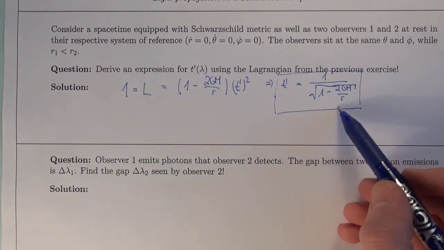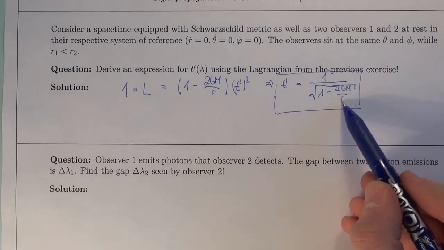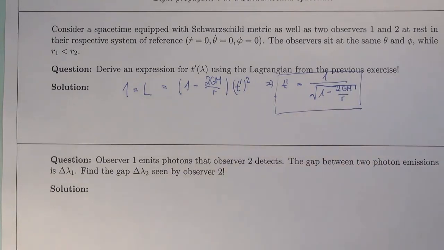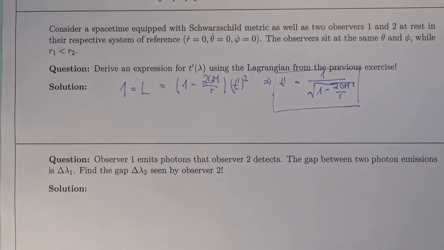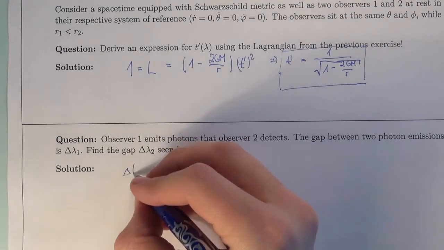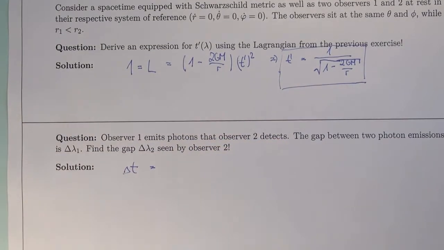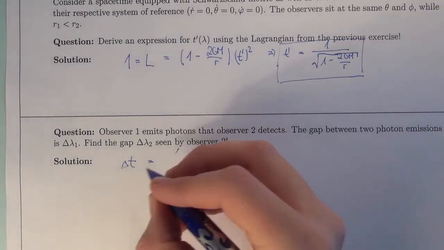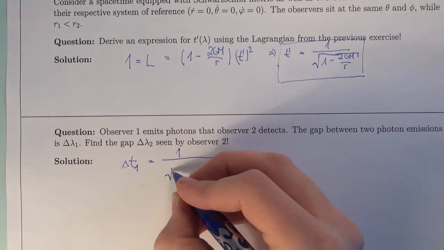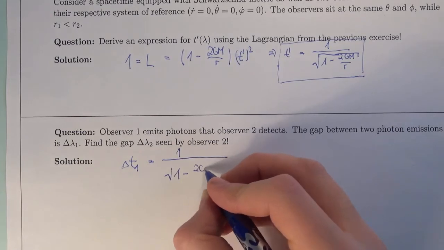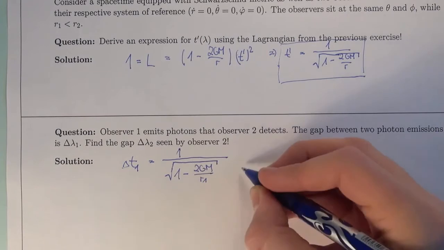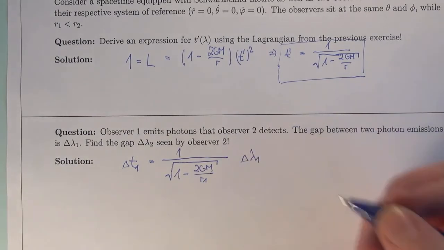We see that for fixed r, the whole right side does not depend on lambda. So we can just integrate this, and we will find that delta t, so in the coordinate time, for observer 1 is just 1 over the square root of 1 minus 2gm divided by r1 times delta lambda 1.